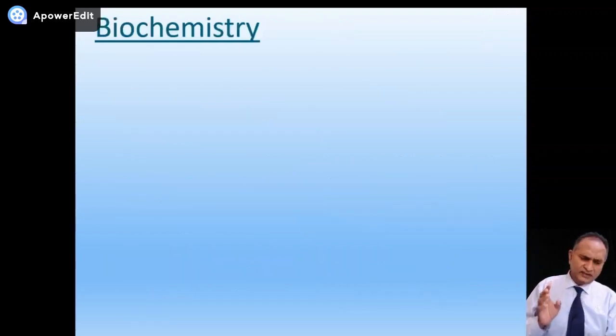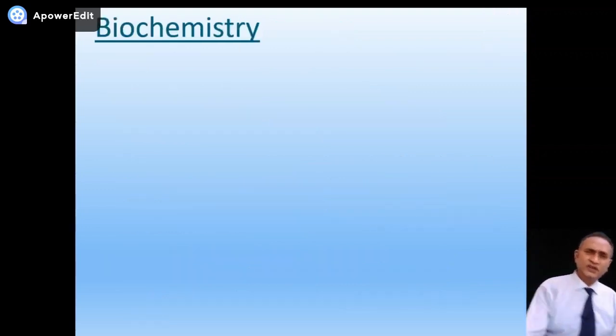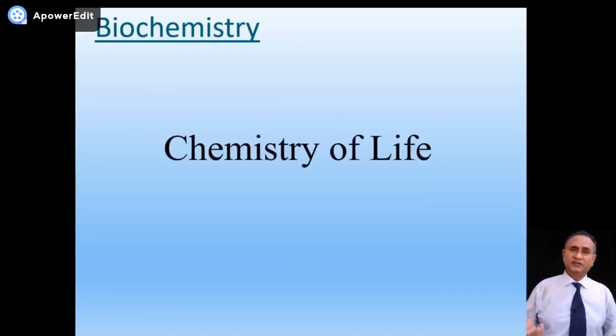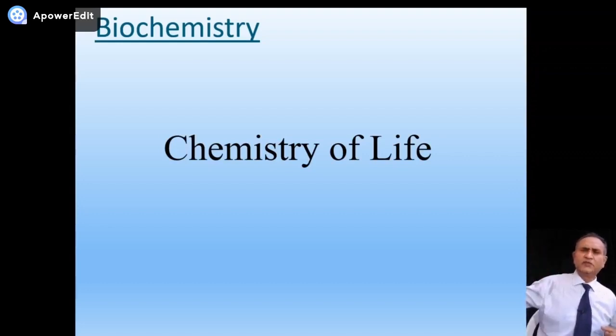Now the next is biochemistry. Bio means life, so the chemistry of life is called biochemistry. As I told you earlier, our body is a walking lab, a mobile lab. A number of processes are going on in our body. Within a second, a number of cells are being destroyed and a number of cells are forming.